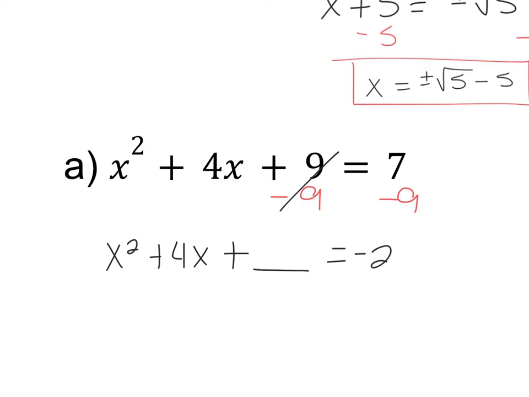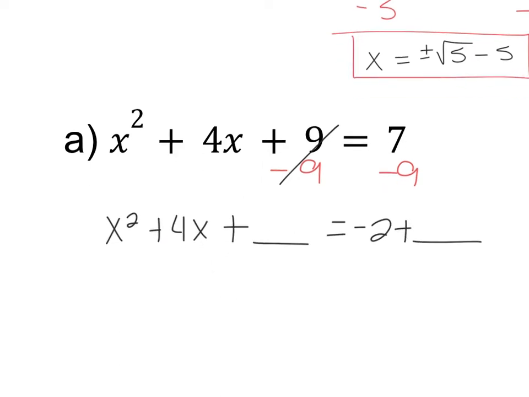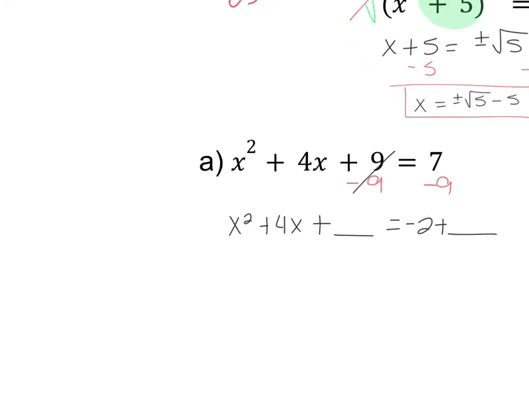And since I'm going to be adding something to complete that square, I'm going to make sure I do it on the other side too and leave a little blank, because a lot of times people forget to do the other side and then they mess it up. Okay, so our b term is 4, so 4 divided by 2 squared would be 2 squared, which is 4. Right, so we got to add 4 to both sides.